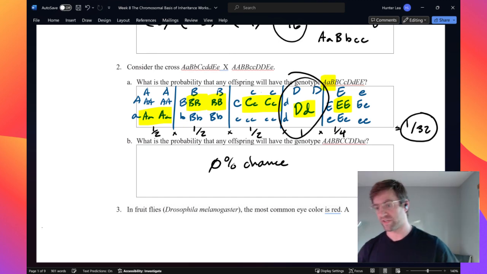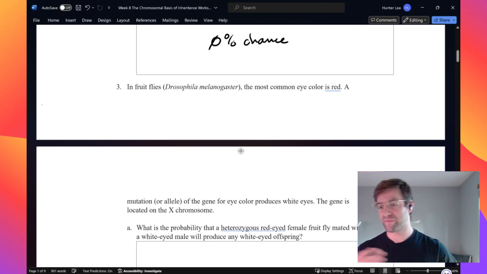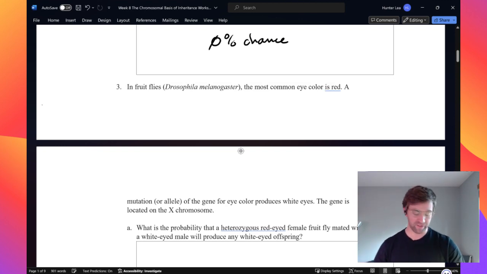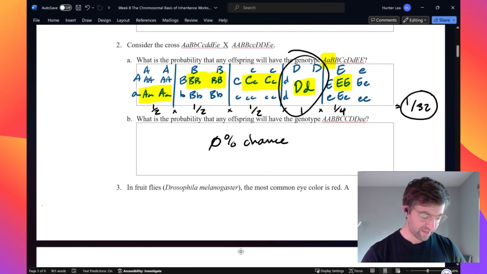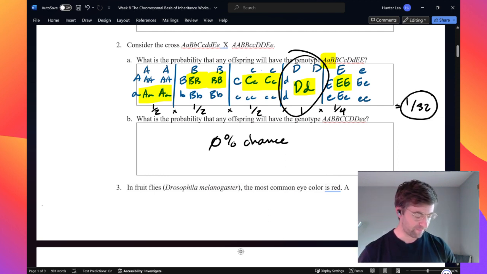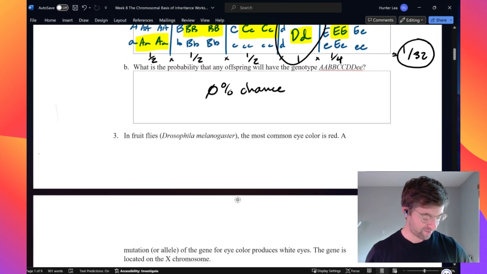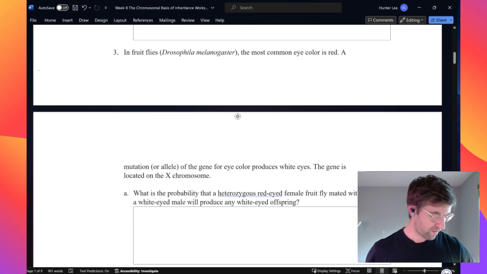There's a 0% chance. I'm not going to belabor that point because I think this should be fairly intuitive, and it's fairly well illustrated just by doing the Punnett squares. But if you're a stochastic thinker and you like the numbers, you can actually go and write those probabilities out and do the math that way if you like.